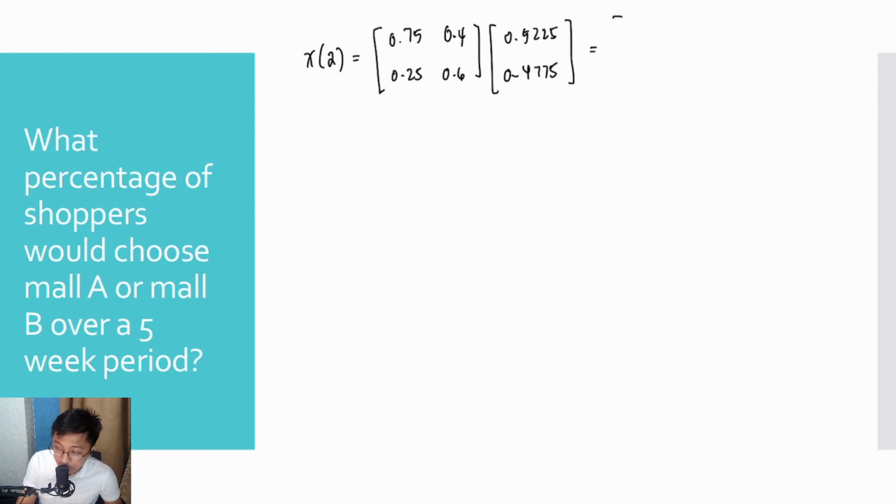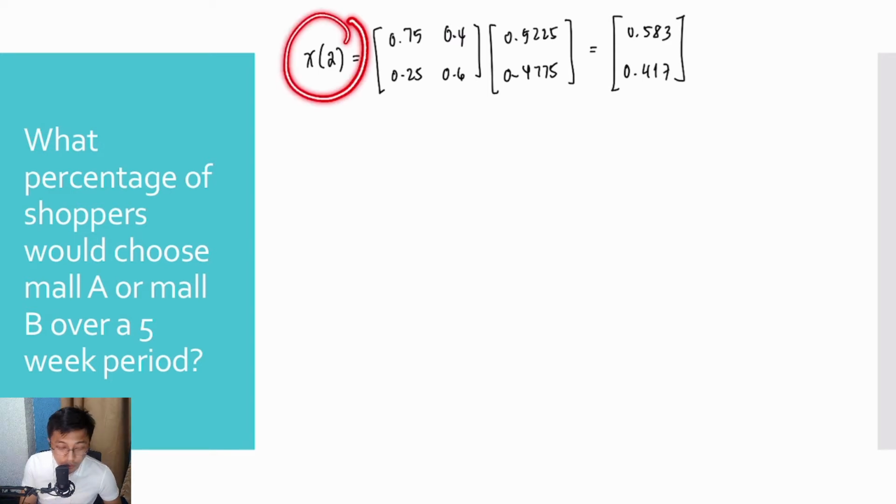If we multiply that, we will get 0.583, 0.417. So that means the state vector at time equals 2 is this column matrix.